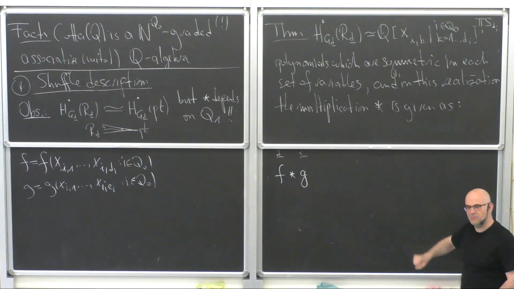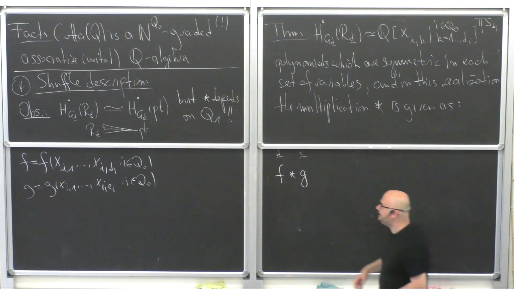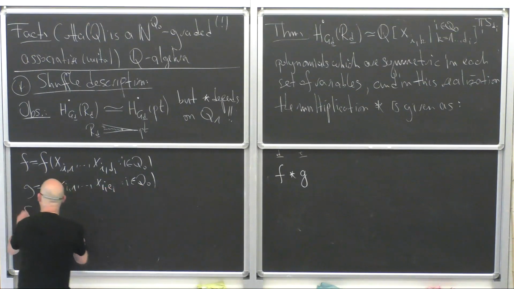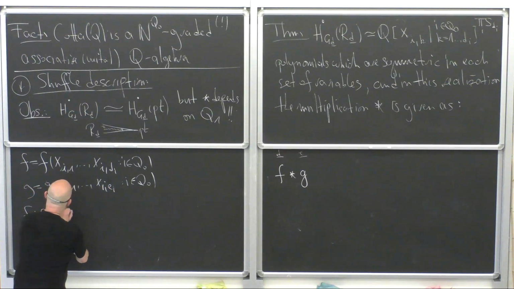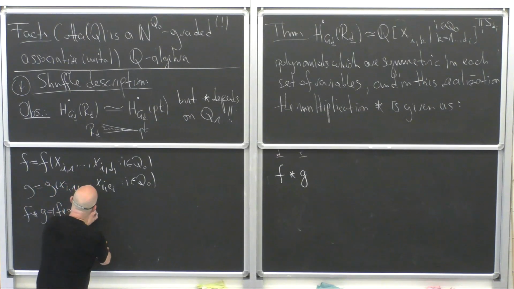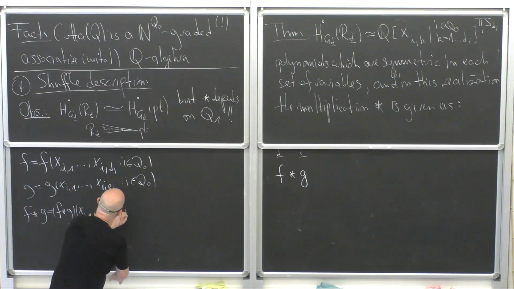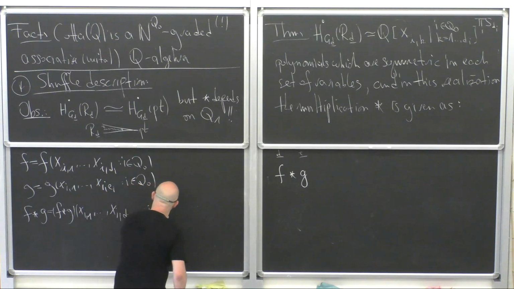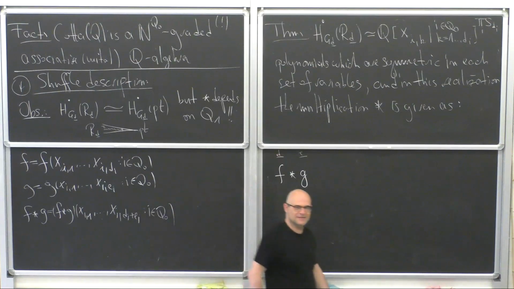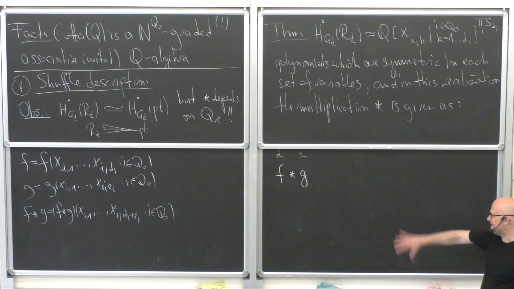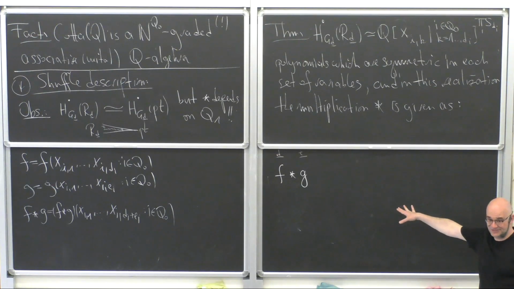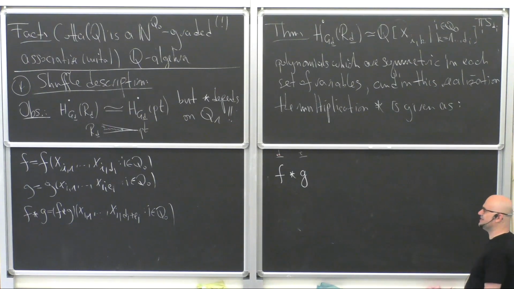And now we will compute f star g, and it will be a polynomial in many more variables, namely in variables xi1 to xi di plus ei in all vertices. Yeah? And these long series of doubly indexed variables I don't want to have in this formula. This formula should be clean, and that's why I just write it down as a comment.